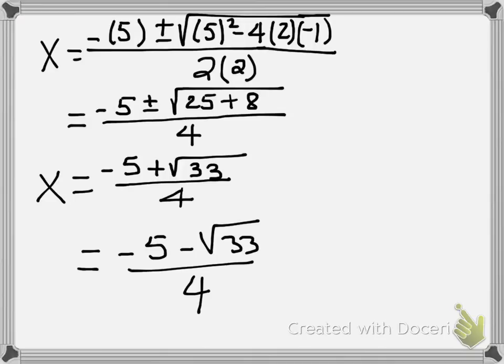Alright? These are your two answers. It can be written in one, as negative 5 plus or minus the square root of 33 over 4, or we can write it separately. You will see both forms.